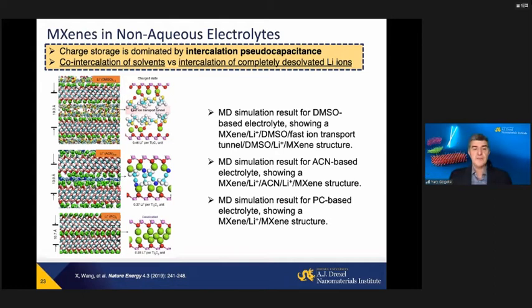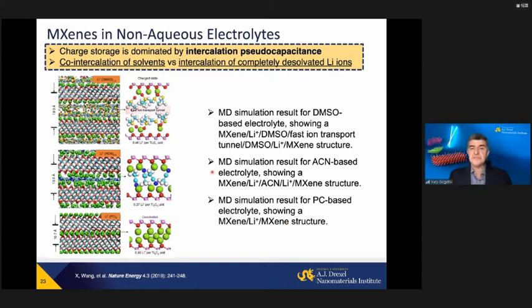But in the case of PC, there is complete desolvation and lithium ions go between the layers without solvent, giving more energy stored, larger charge storage, but also no change in the spacing as we cycle the electrodes.